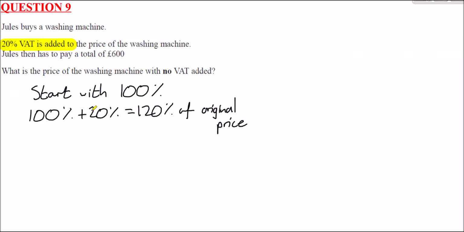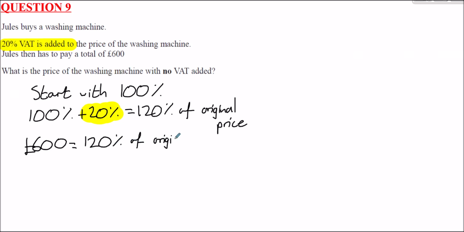Okay, so the price she ends up paying is 120% of the price it would have been without any VAT whatsoever. So how much did she actually pay? Well, it was £600. So therefore we can say that £600 is 120% of original.